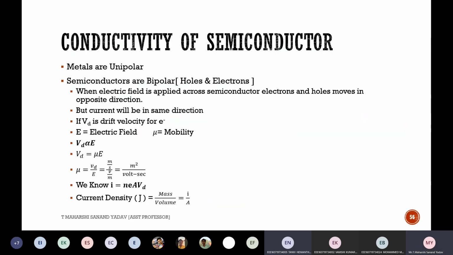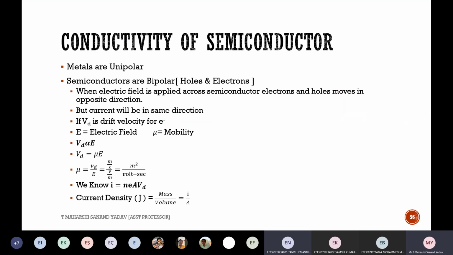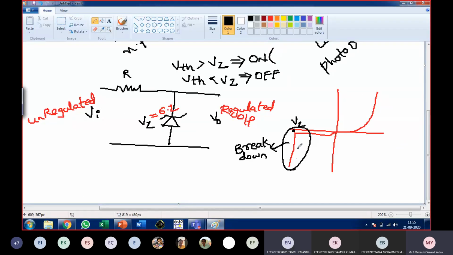On. When the voltage across the Zener diode is greater than VZ, it is on, or else off. If it is on, at which region does it operate? The breakdown region, that is case number 1.